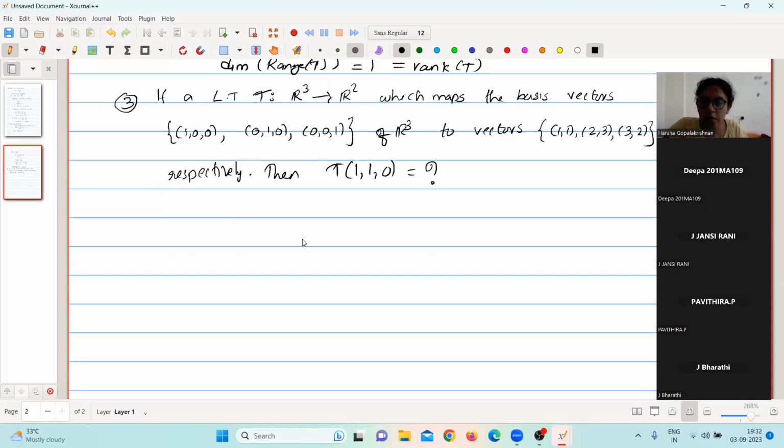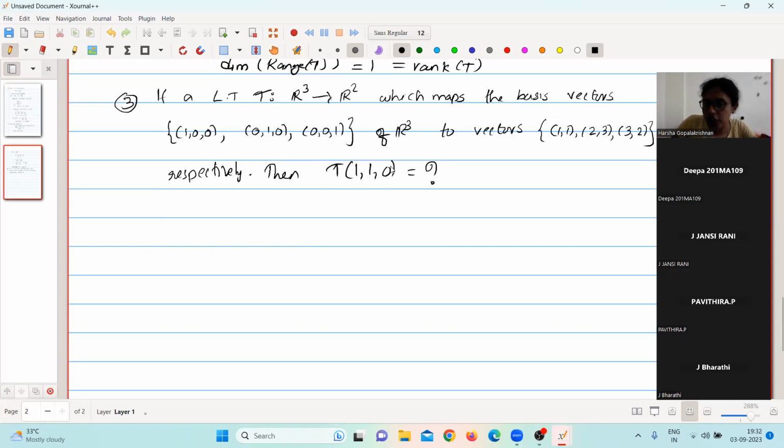Any linear transformation is actually just based on the vectors in the basis. If we know the value of T at the basis, then we can write T explicitly, the general form of T. Here we don't need to write the general form. We just need to find the value of T at (1,1,0).